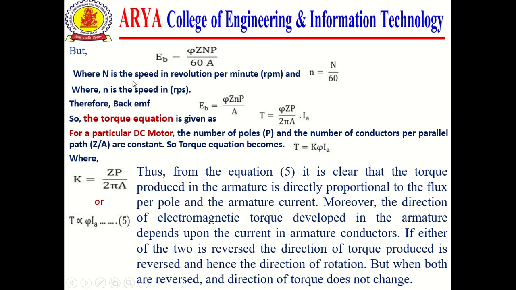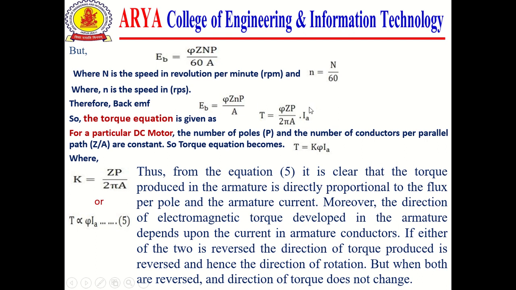Here N is the speed in revolutions per minute. If you convert to RPS, then small n equals capital N upon 60, where n is the speed in RPS. Therefore back EMF Eb equals phi Z n P upon A. So the torque equation is given as T equals phi Z P upon 2 pi A into Ia.